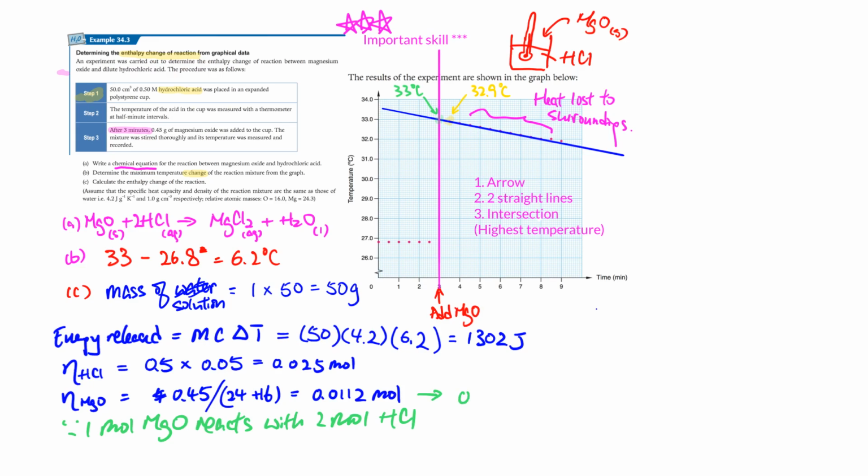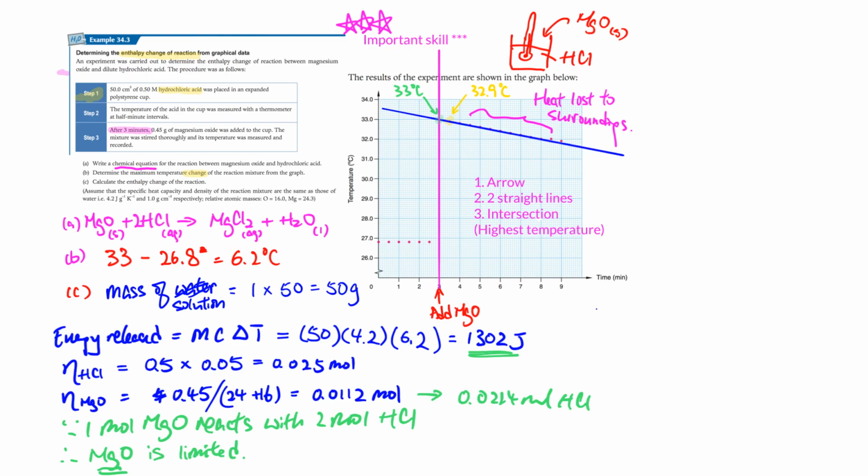If you need 2 mole, then that will be 0.0224 mole of HCl. However, we just have 0.025, right? Therefore you'll find that HCl is in excess. So we can conclude that MgO is limiting. That means this energy release is the energy release when all the MgO has been used up.